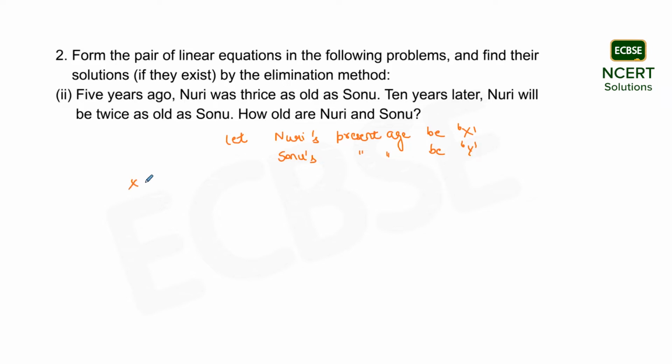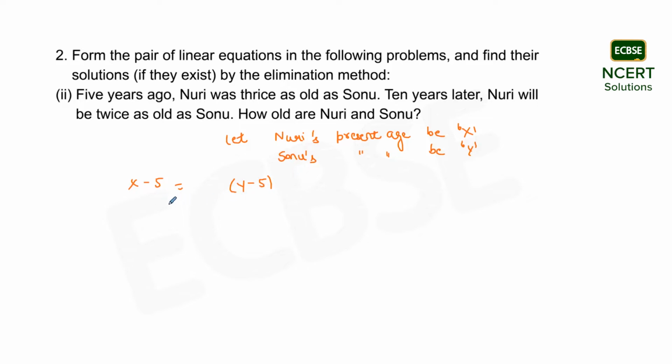So here we will be subtracting 5 in order to obtain the 5 years ago age of both Nouri and Sonu. So x minus 5 will be the 5 years ago age of Nouri and y minus 5 will be the 5 years ago age of Sonu.